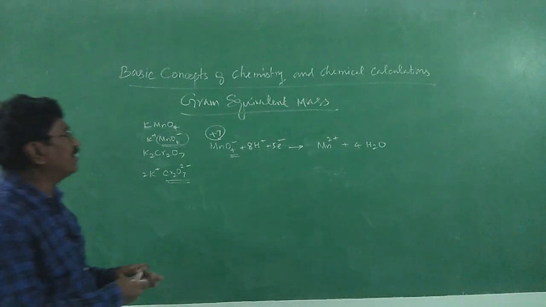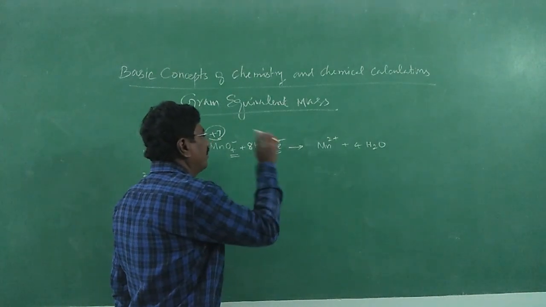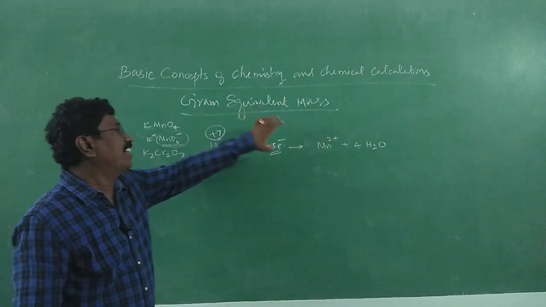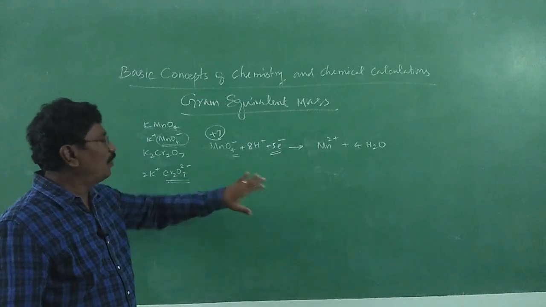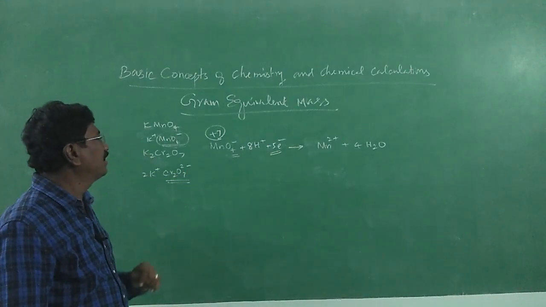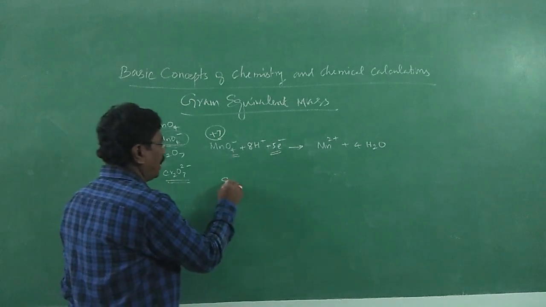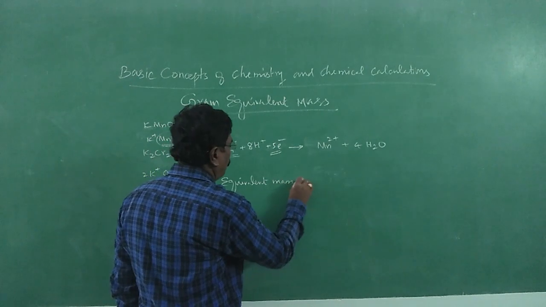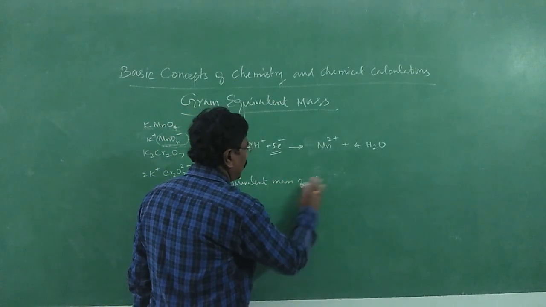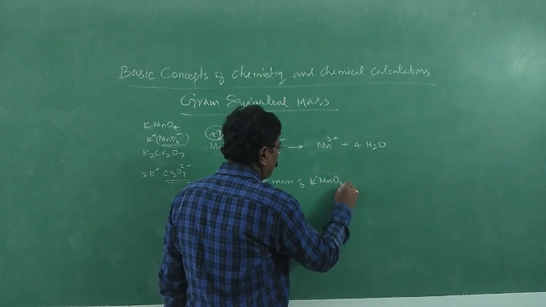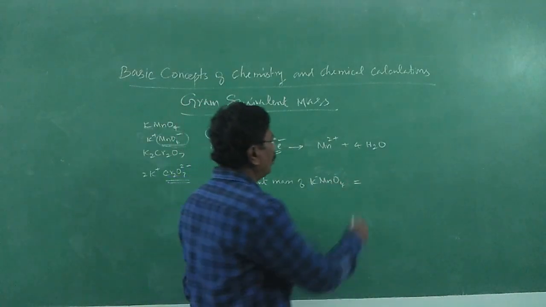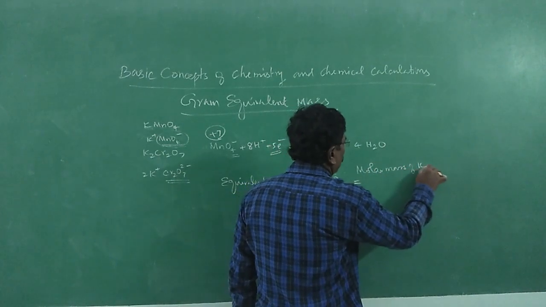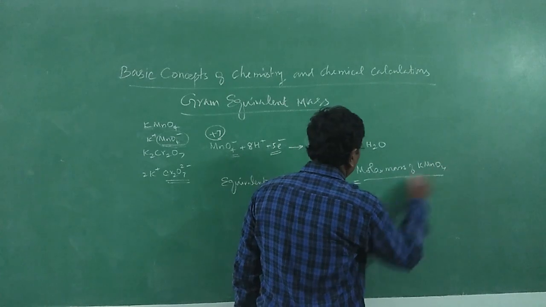Here, the equivalence factor is 5. One permanganate ion accepts 5 electrons, and therefore we say the equivalent mass of potassium permanganate, KMnO4, is equal to the molar mass of KMnO4 divided by the equivalence factor.